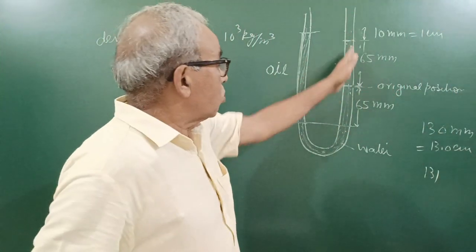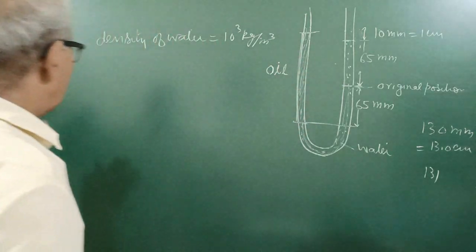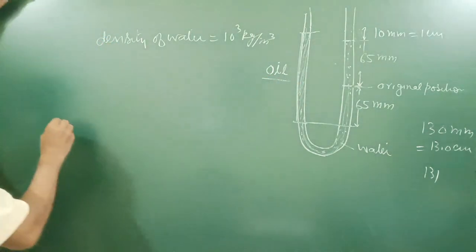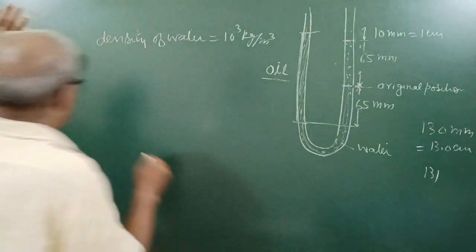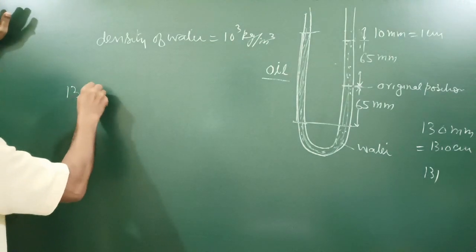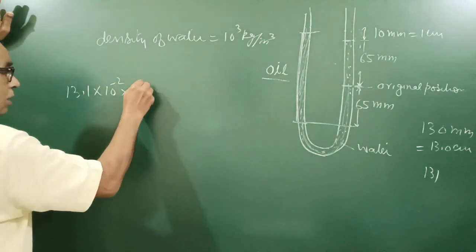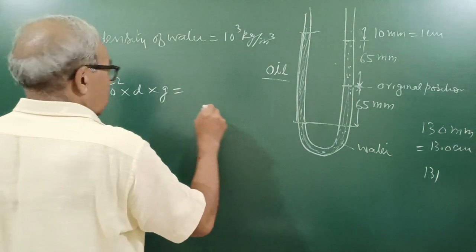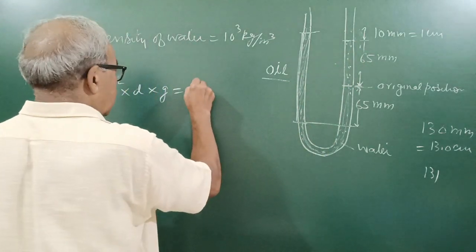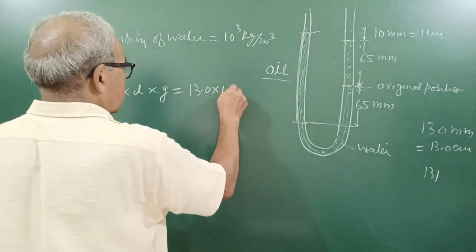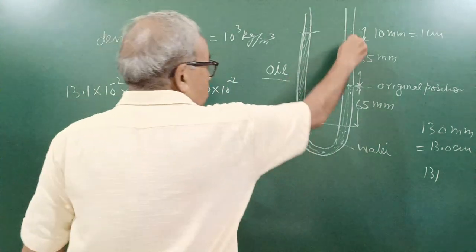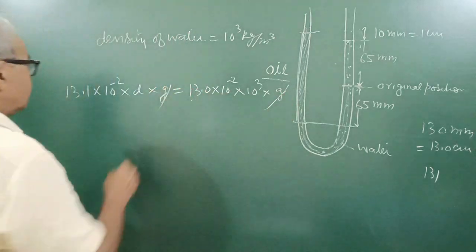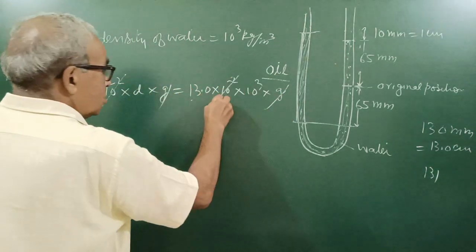So pressure of the water column equals pressure of the liquid column, the oil column. This is oil. So the height of oil is 131, यानी कि 13.1 centimeter. अगर मीटर के -2 into density into g is equal to this height, 13.0 into 10 to the power -2, the height of the water column, density 1000, and g cancel, 10 to the power -2 cancel.